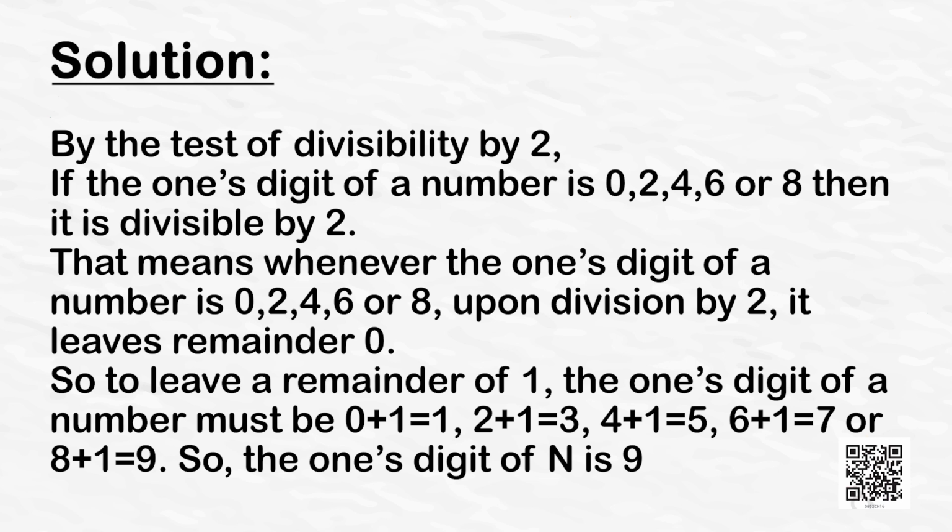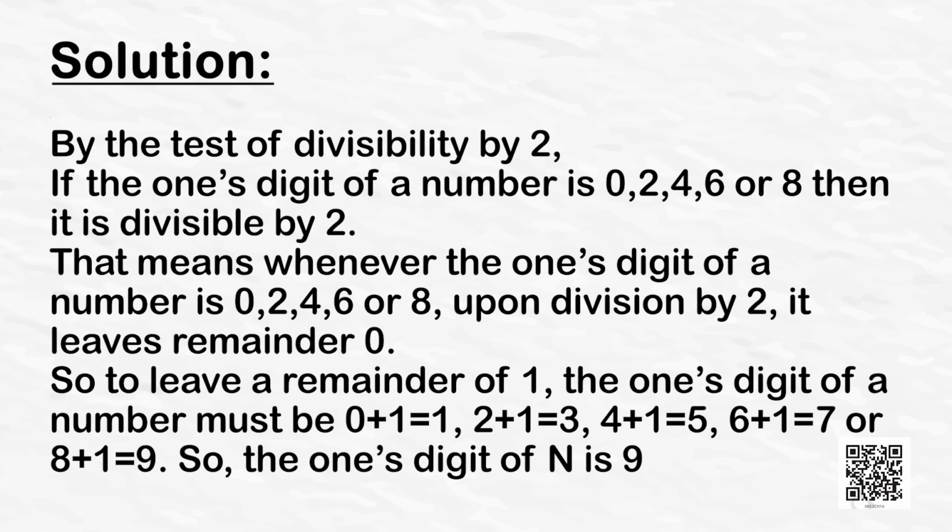We know that by the test of divisibility by 2, if the ones digit of a number is 0, 2, 4, 6 or 8, then it is divisible by 2. That means, whenever the ones digit of a number is 0, 2, 4, 6 or 8, upon division by 2, it leaves a remainder 0.